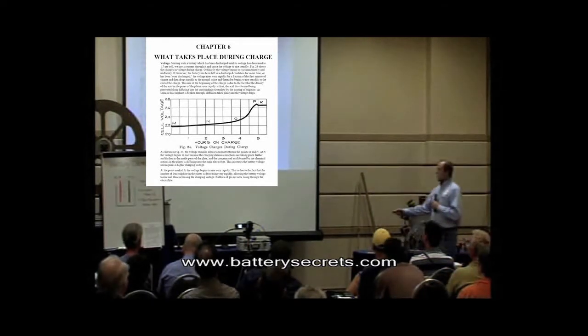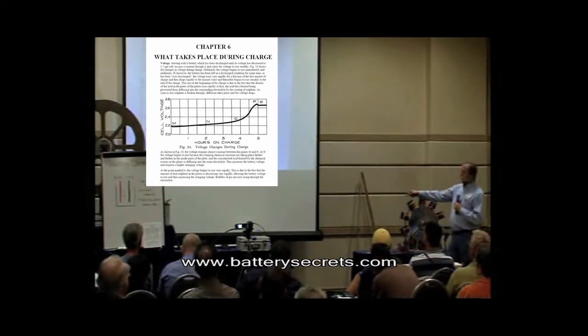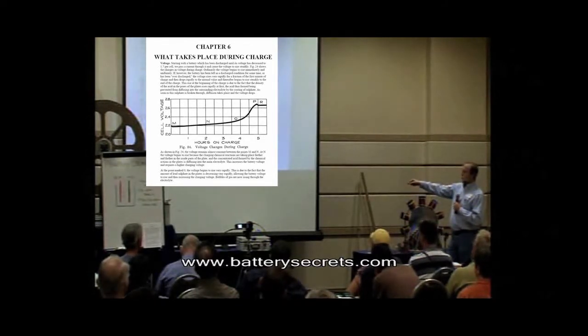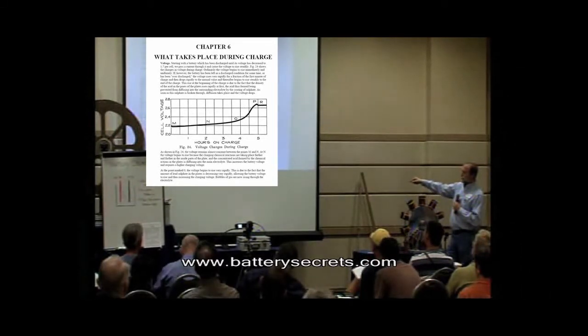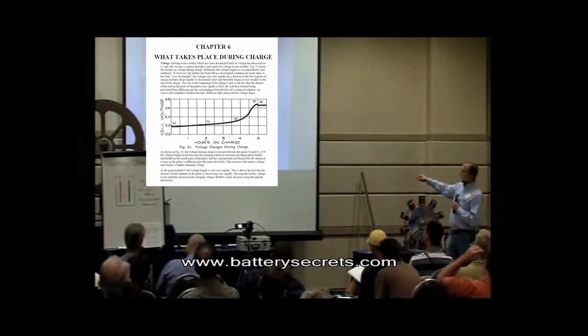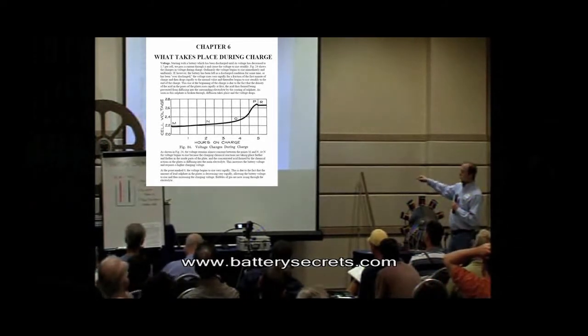So what happens is, let's say the battery is discharged down at 2 volts, and as soon as you put it on the charger, it quickly rises to the beginning of what we'll call the charge plateau, which is pretty much this area here.